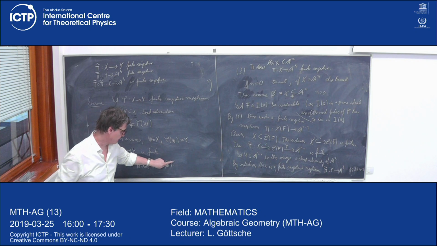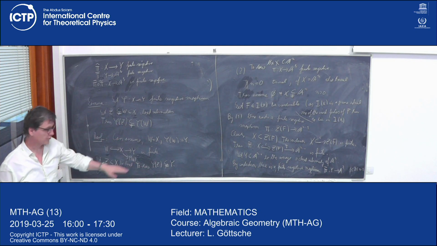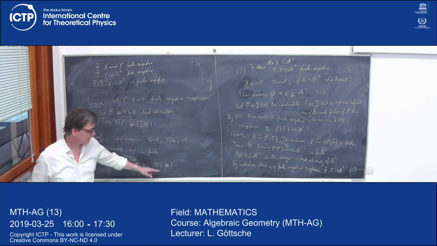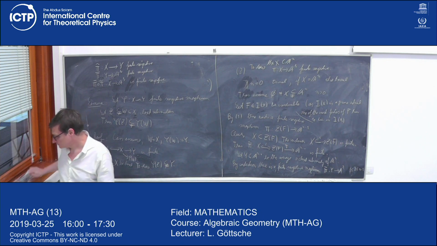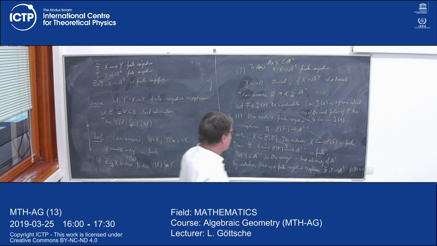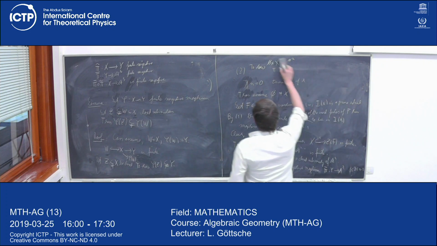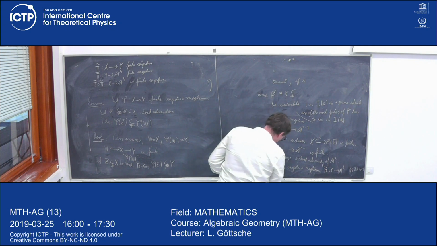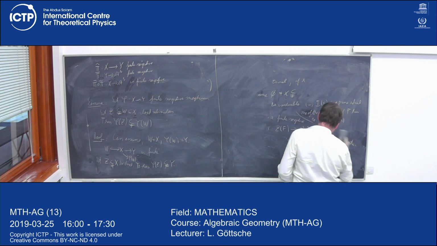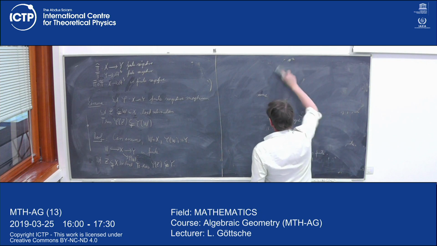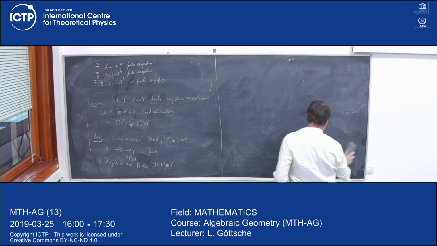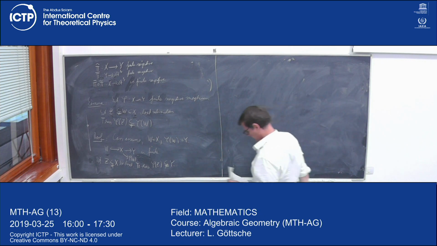So we want to show this. So if Z is not the whole of X, then phi of Z is not the whole of Y. And obviously we somehow have to use the finiteness, because if the map is not finite, this is obviously not true.